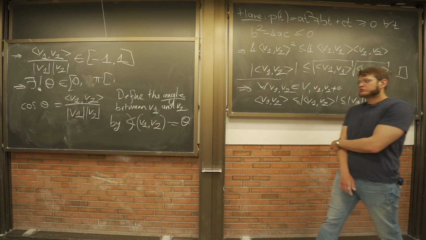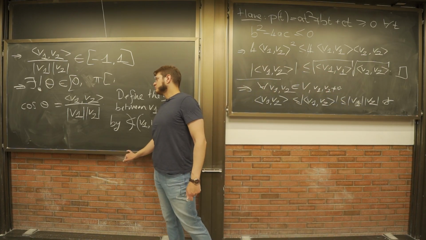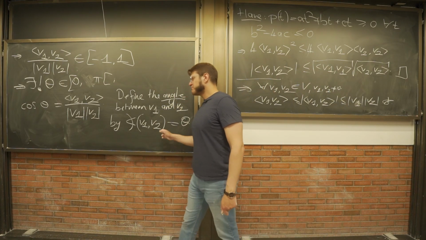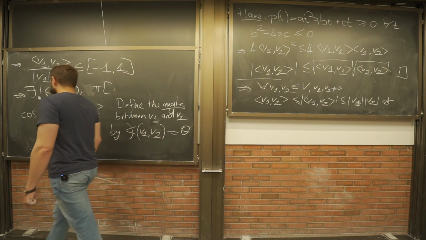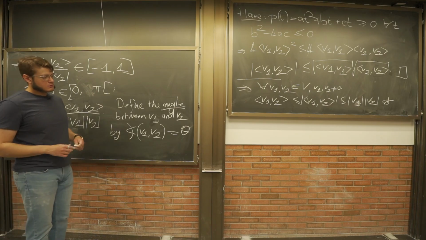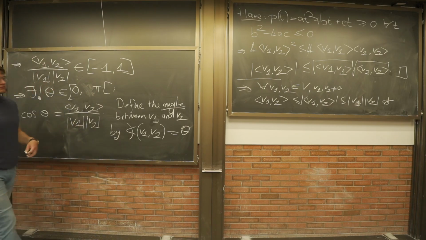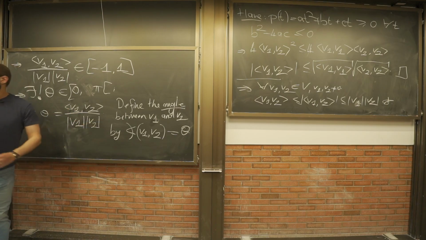And I'm going to leave it to you to verify that indeed what we defined last time as orthogonality, perpendicularity, matches with this. So the angle between two vectors is pi over 2 if and only if they're orthogonal. So this does allow you to actually talk about angles.